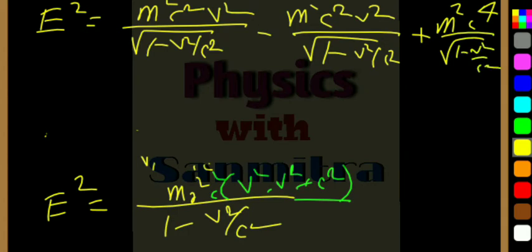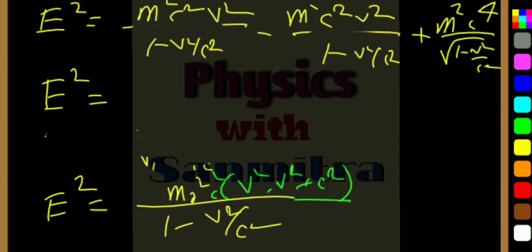Now this E square will be equal to, here just see, this is m square v square divided by 1 minus v squared by c square, where the root part will not be there, because I have already squared it. So m square c square v square by 1 minus v square by c square, minus m square c square v squared by 1 minus v squared by c square, and m square c to the power 4 by 1 minus v squared by c square.